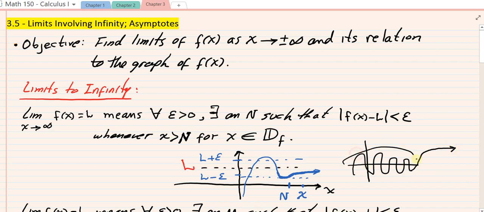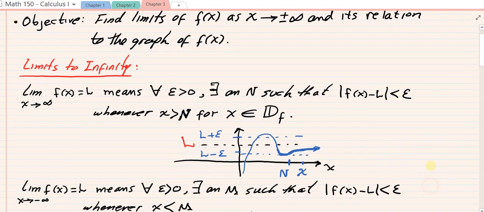So again, it doesn't matter what it does over some interval. We're talking about way out there, to infinity. So this is all we're seeing, the end behavior, if you will, of the function. So we don't really care what happens in the earliest stages. Okay, so that's the limit of the function as x approaches infinity, if the limit exists.